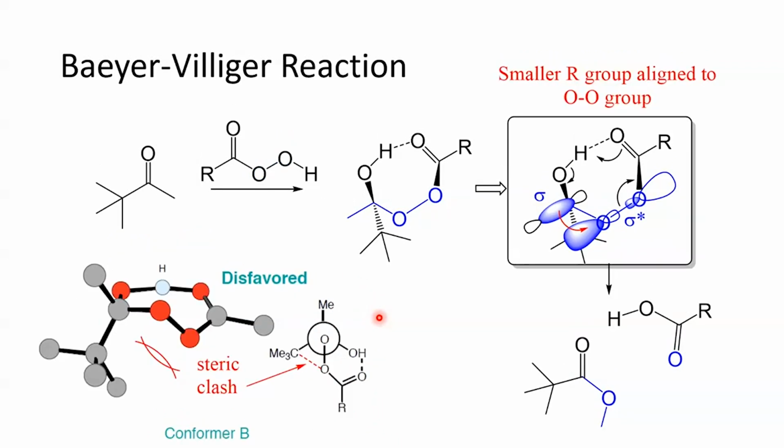We can look at the other disfavored conformation. So in this scenario, the tert-butyl group is closer to the newly attached peroxy acid, and that creates this steric clash shown here. Assuming this does occur though, the same reaction occurs, except this time the sigma bonding methyl group is correctly aligned to stabilise the sigma anti-bonding oxygen-oxygen bond, and it slips across to give this product at the end.